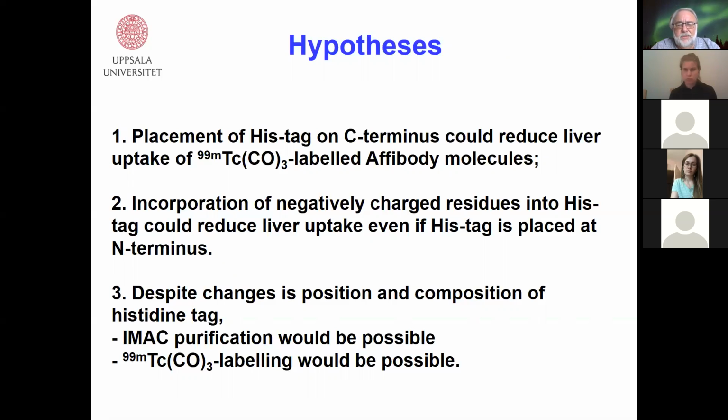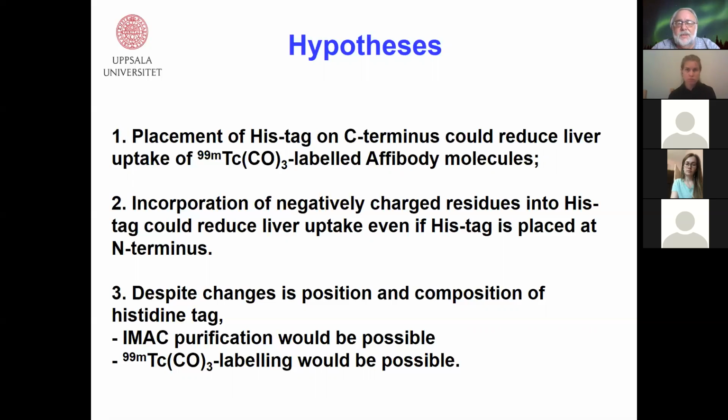So I suggested to test two variants, just placing hexahistidine tag at C-terminus instead of N. And biotechnologists, for some reason, believe that if you place hexahistidine tag at N-terminus, you improve expression. Actually, that was not the case, but everyone tried to put it at N-terminus.